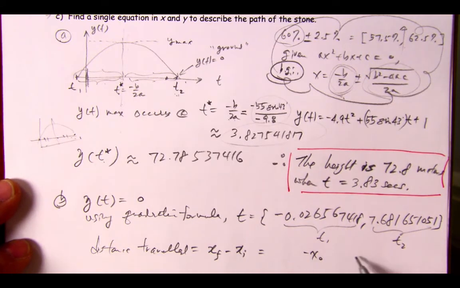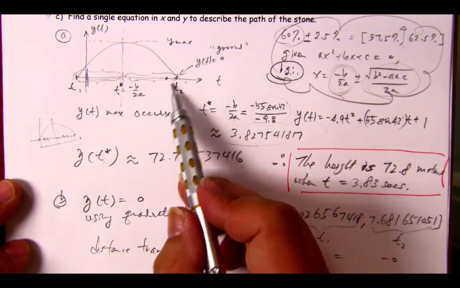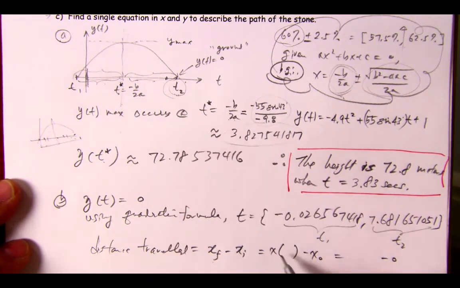It's x naught, which happens to be 0. What's my final position, guys? X of? How do we denote that? With T2. See, ultimately, it is x of t sub 2 minus 0.